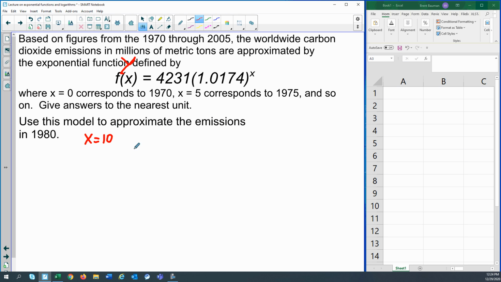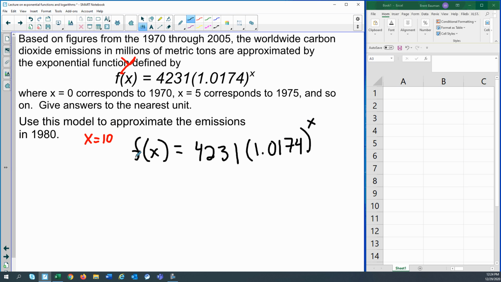So we're trying to find, we have the equation f of x equals 4,231 times 1.0174 to the power of x. And we're trying to find f of 10. So all that means is plug 10 in for x and evaluate there.